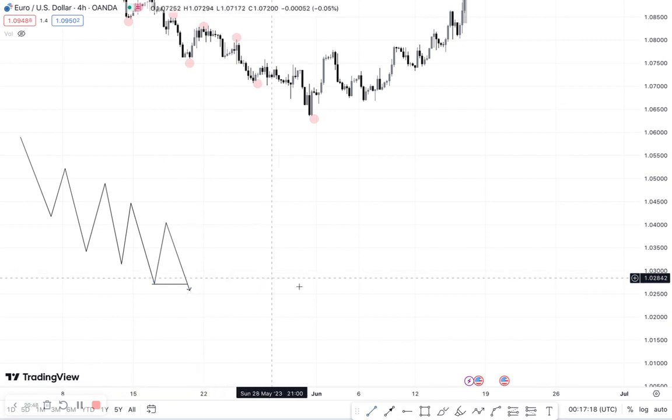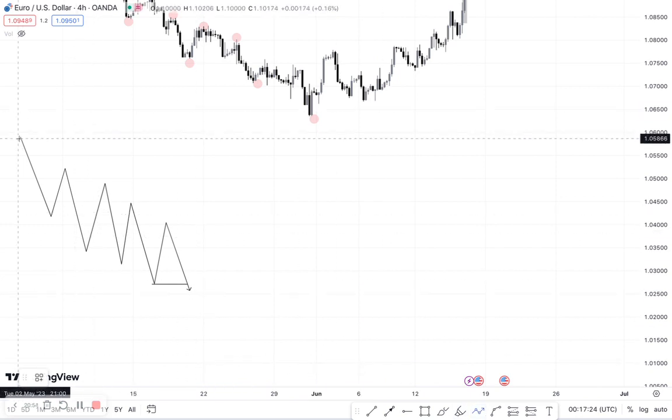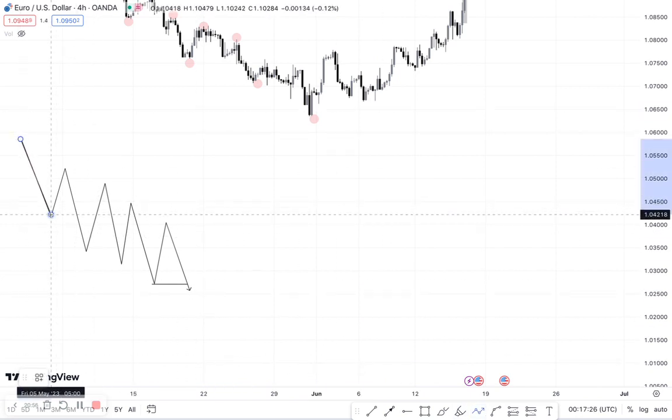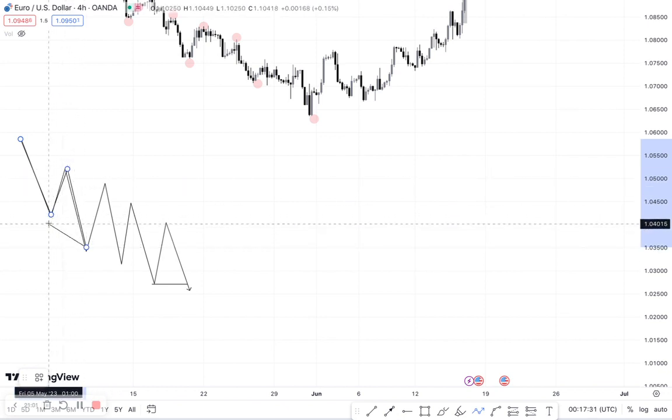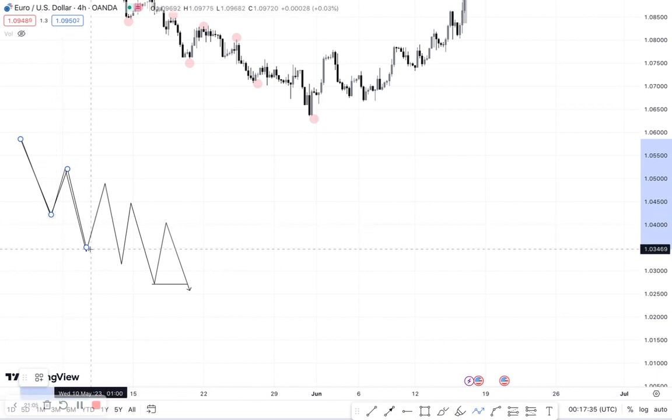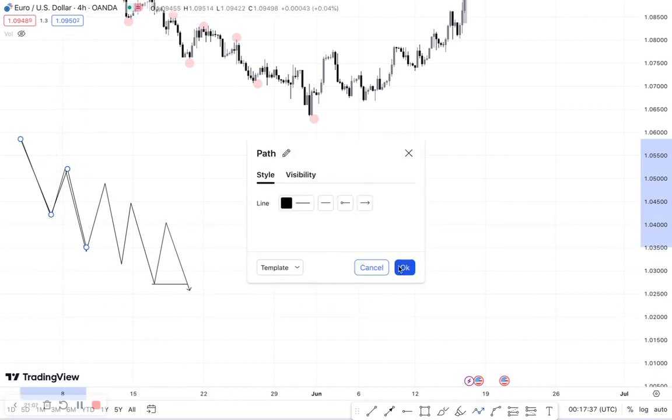Let me explain that. Anytime price moves below a low, like I had a push here, and then price moved below your most recent low or high, it is a break of structure. All you need to do is draw it into the future.